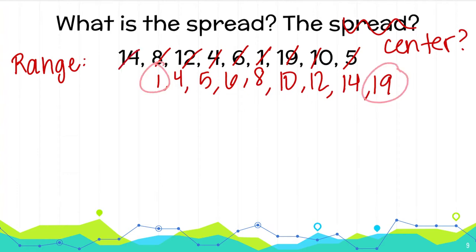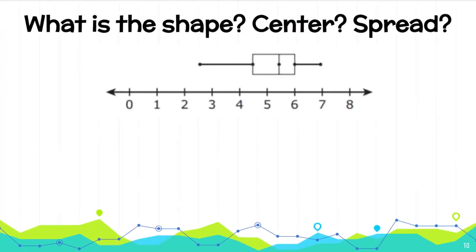So if I have my minimum value of 1 and my maximum value of 19, then my spread here will be 19 minus 1, so the range is 18.